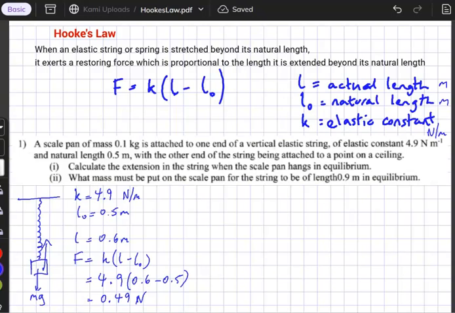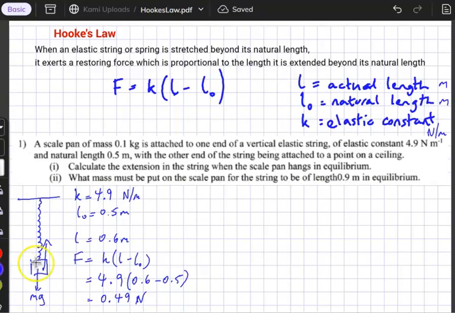Now if the object had a mass such that when you multiply by 9.8, you get 0.49, i.e. if it was just 50 grams, then it would be in equilibrium. If it's a larger mass, then it's going to be pulling it down and it's going to be moving.